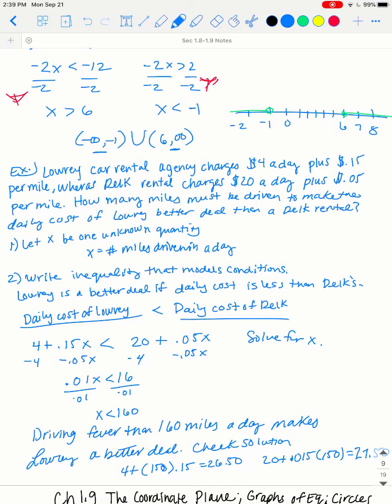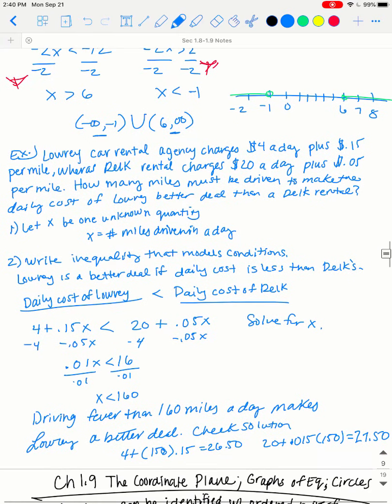Here we let x be one unknown quantity. So x equals the number of miles driven in a day, because we want to know how many miles must be driven for the cost of one company to be better than the other.